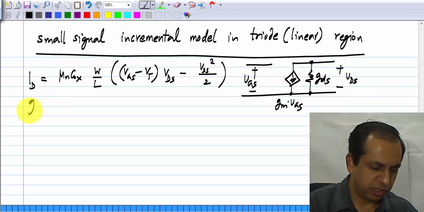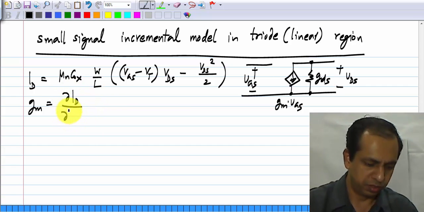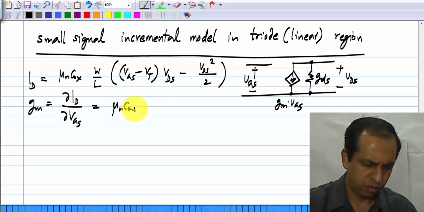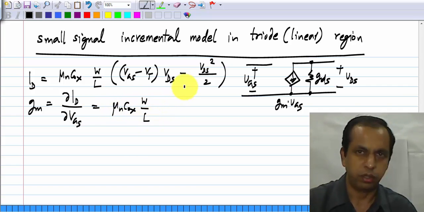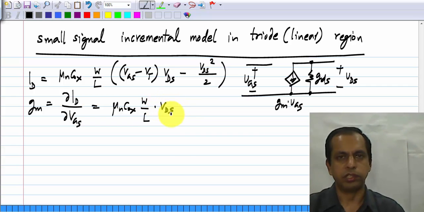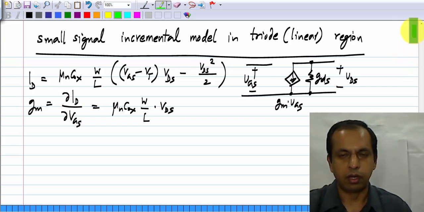This transconductance GM is given by the partial derivative of ID with respect to VGS, which you can easily work out to be mu n Cox W by L times VDS. Okay.